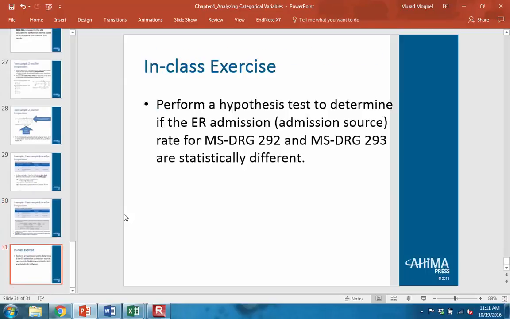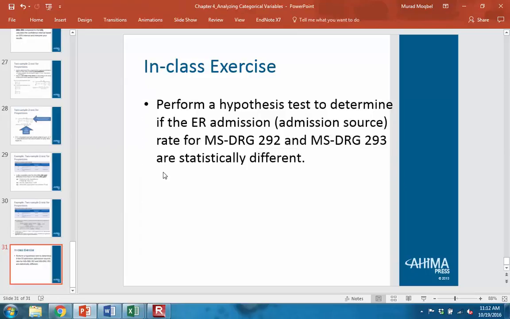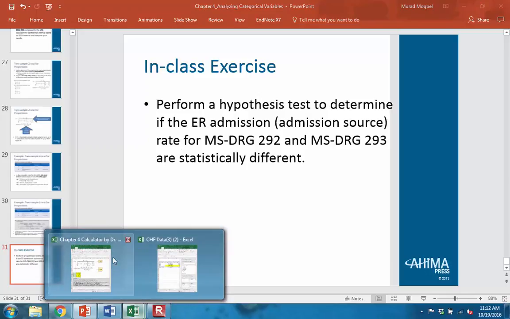Now let's do this in-class exercise together. It is asking you to perform a hypothesis test to determine if the emergency admission, or the source of admission that was emergency room, rate for DRG 292 and DRG 293 are statistically different. So here the keyword is different, so that means it is two-sided. And we already have the Excel sheet here for us.